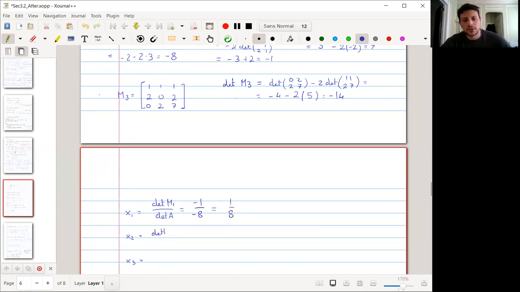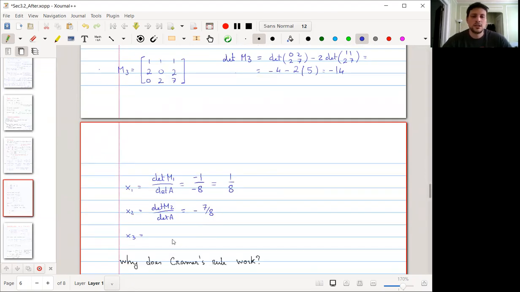X2 is the determinant of M2 over the determinant of A. The determinant of M2 is 7. So this becomes minus 7/8. And x3 is the determinant of M3 over the determinant of A, which is minus 14 over negative 8. So it becomes a plus.